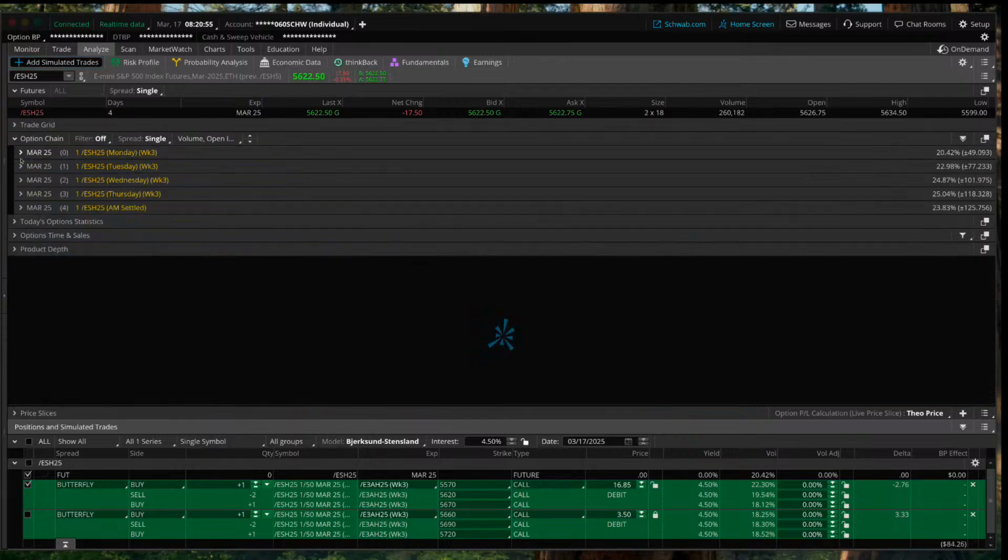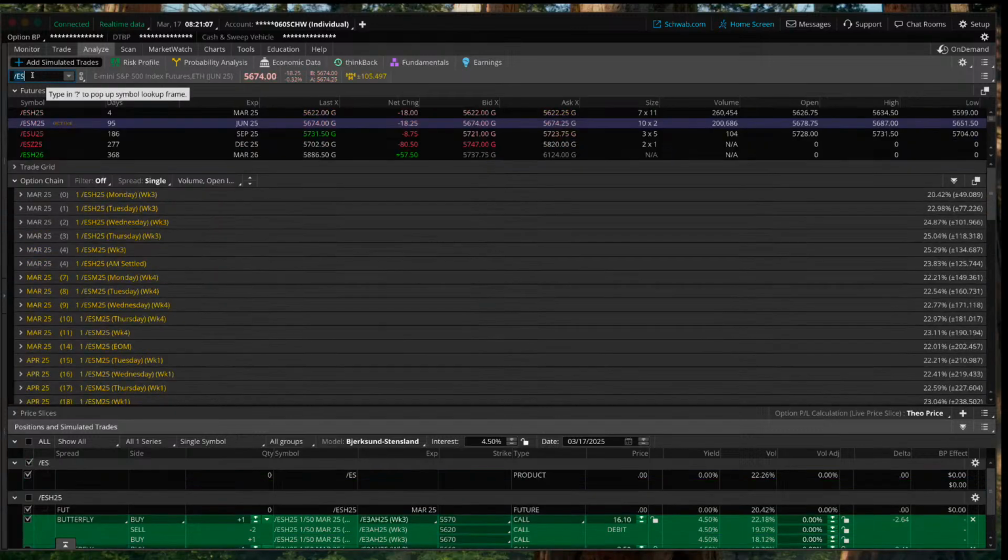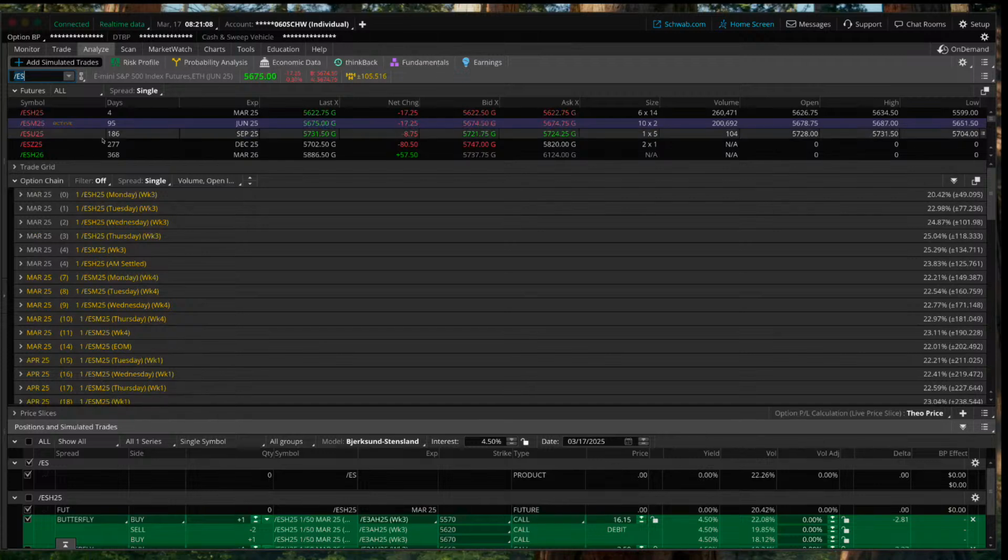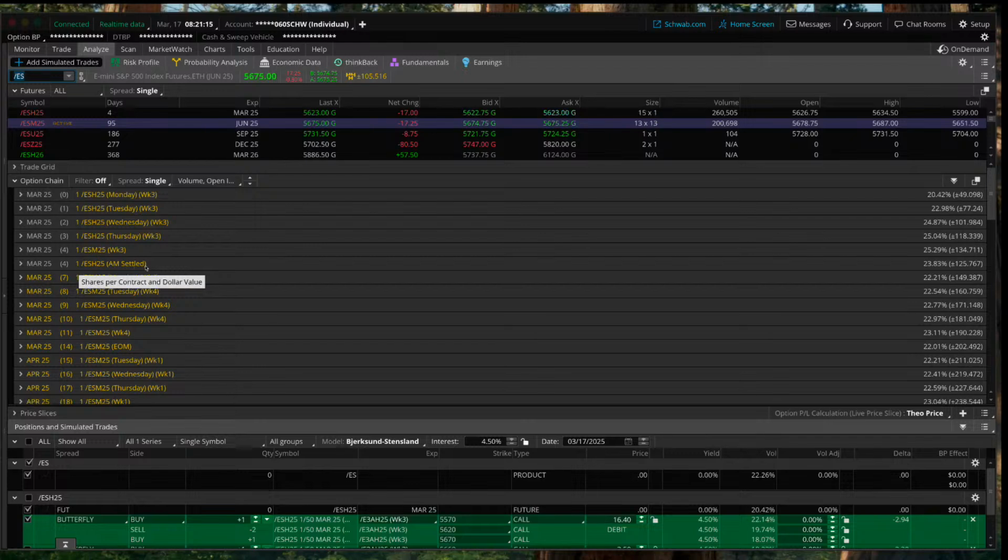And if we close up the options chain, you can see that change right here. If I just put in the continuous contract, then it will show me all the options chains and dates. And you can see right here on Friday, there's an AM settled one.